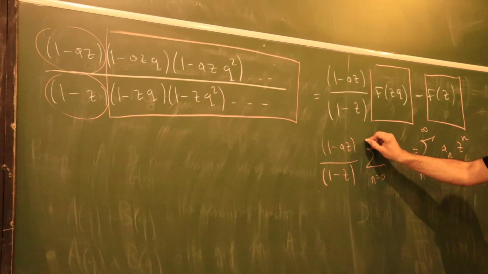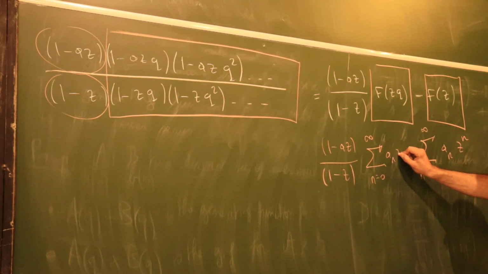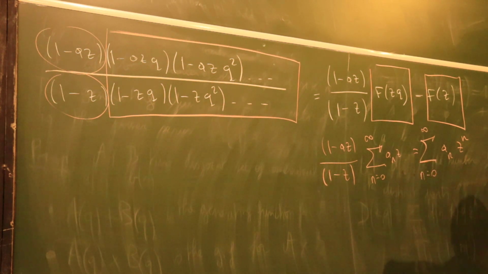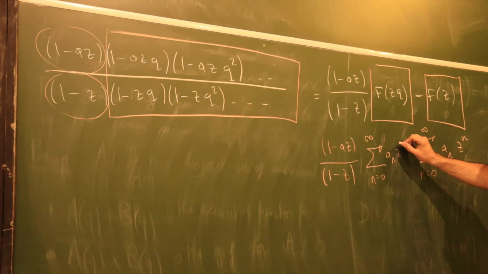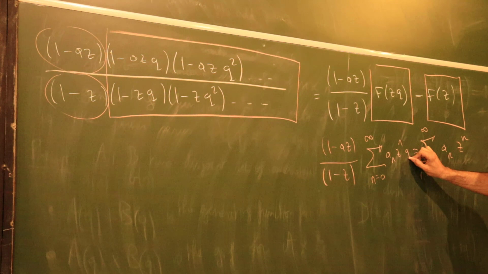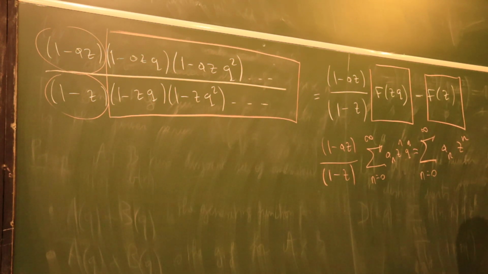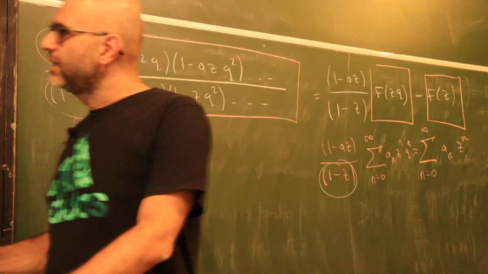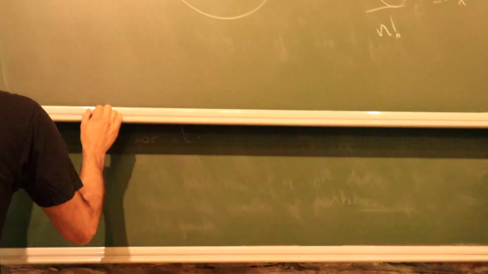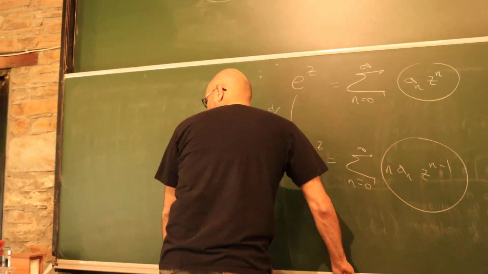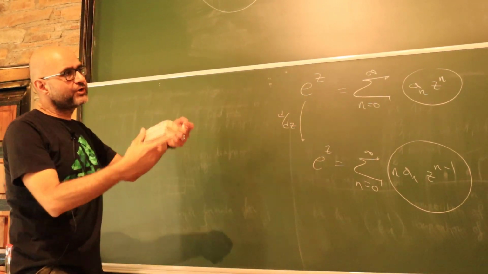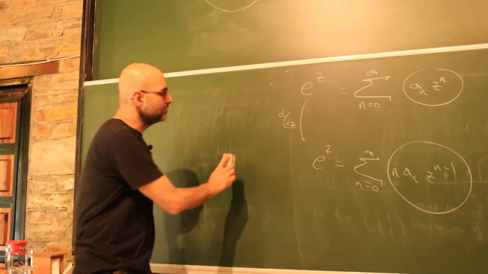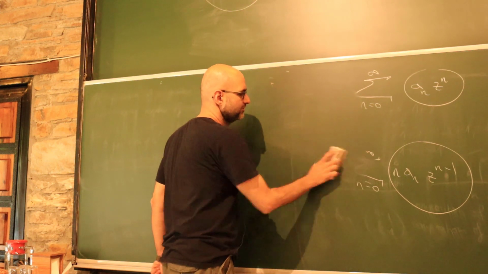So the sum from n equals 0 to infinity of a sub n, the quantity z times q to the n, which is z to n, q to n. And then we clear the denominator by cross-multiplying. And then we distribute those terms through the sums. Let's see what we get.